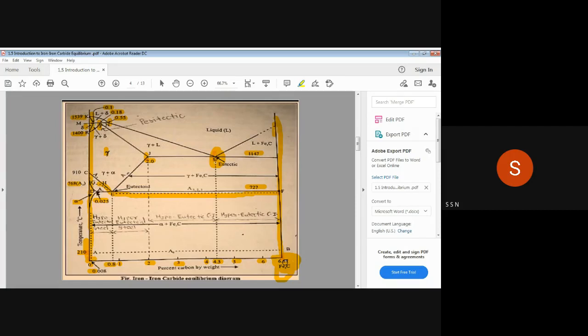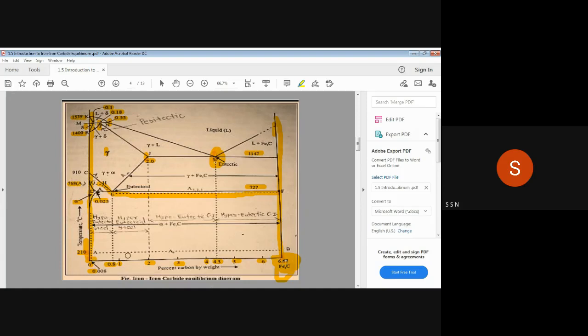So up to 6.67% carbon only; percent means if you take 100 kg of iron, inside that you can add 6.67 kg of carbon. After this there will be a saturation point, and above that, the carbon will just accumulate. So that's why 6.67% carbon only is added in the iron carbon diagram.